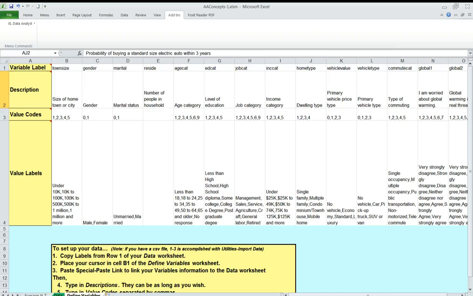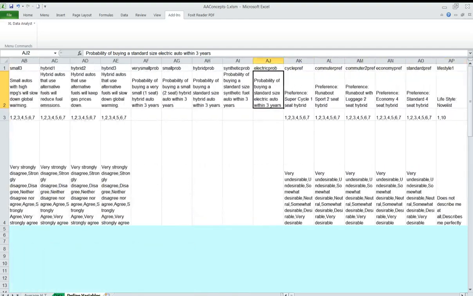Let's do one more. Let's say, again, I will use the proportion for buying a standard size electric auto within 3 years. I would like, as a researcher, to see if the probability of buying a standard size electric auto within 3 years is equal to 30% probability.